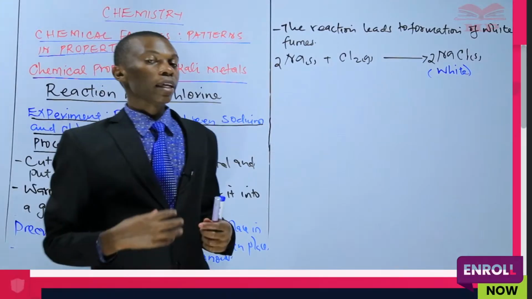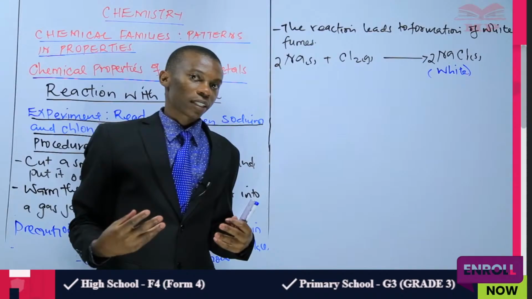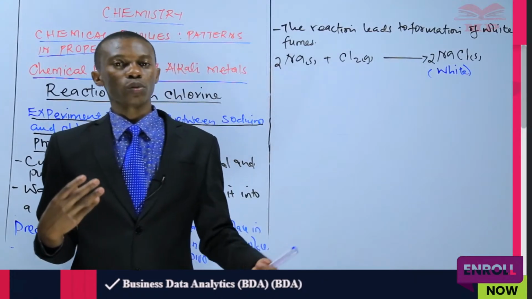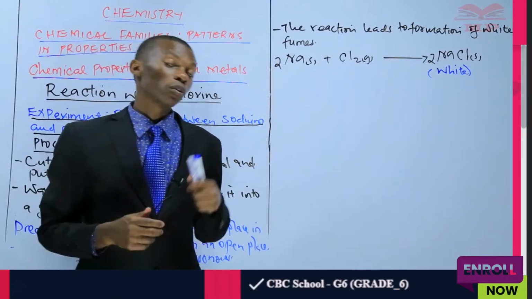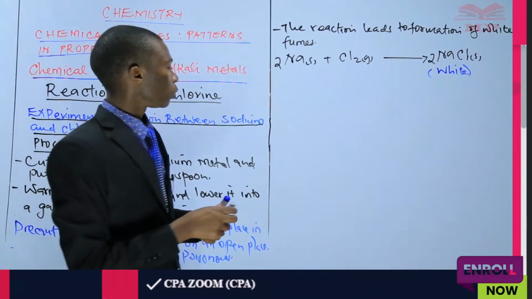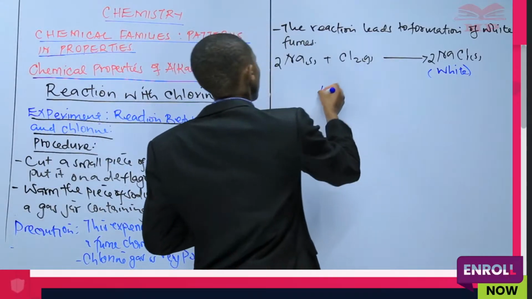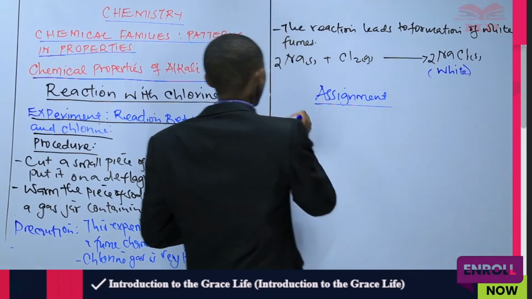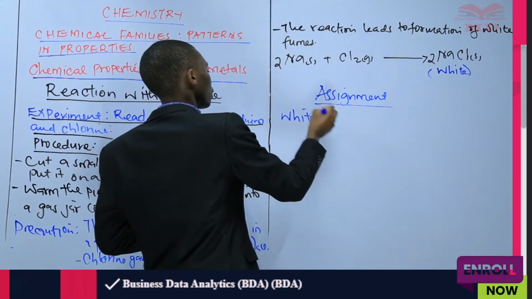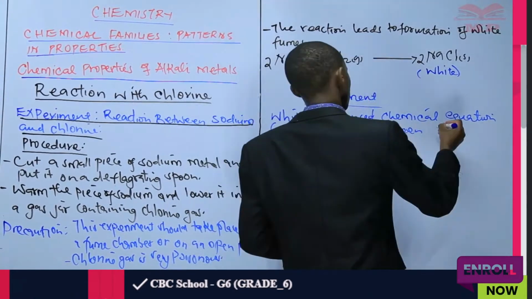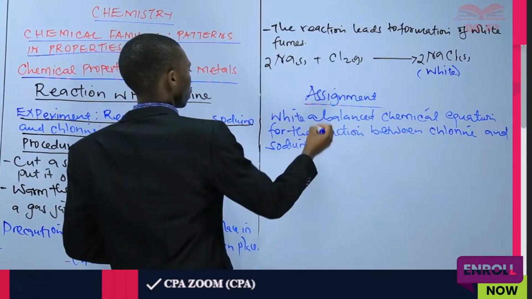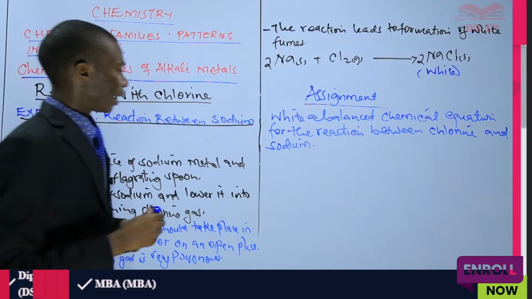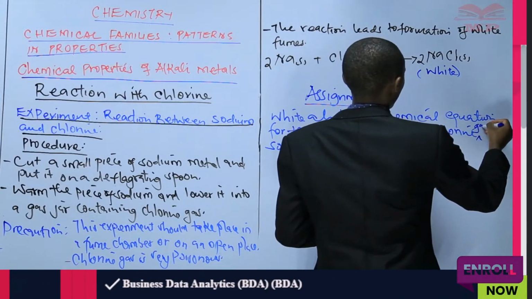In the next lesson, we are going to discuss the reaction between chlorine and lithium, and also the reaction between chlorine gas and potassium. But I will leave you with this question: write a balanced chemical equation for the reaction between chlorine gas and sodium metal.